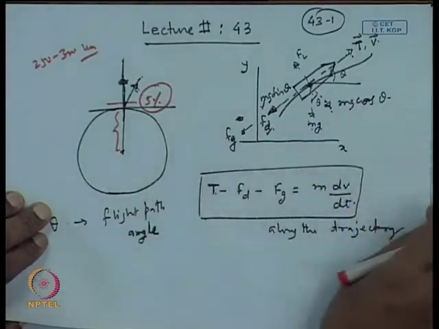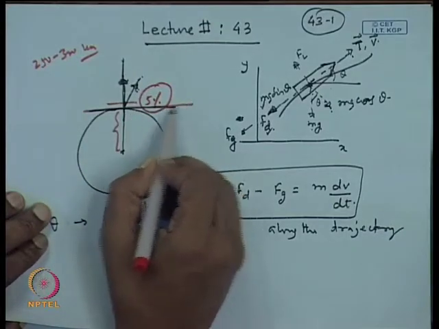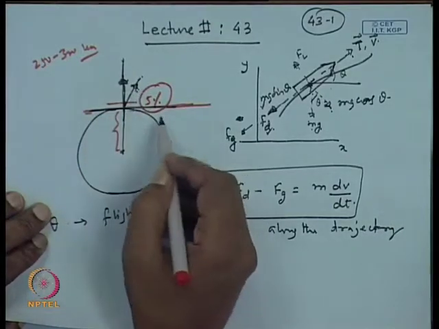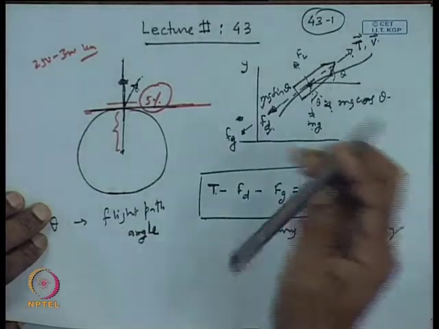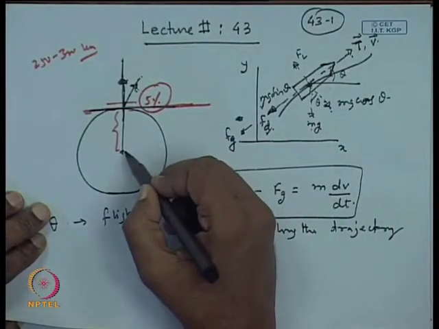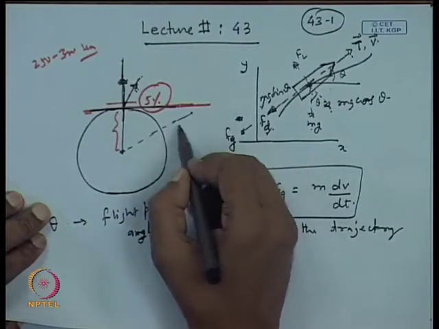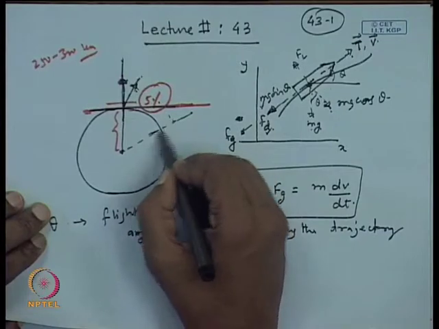So, for this case we can assume the flight path angle to be measured from the horizontal that I am showing here. Otherwise, if you remember, in our earlier trajectory transfer or orbit determination problem, we measured the flight path angle theta from the local horizontal.